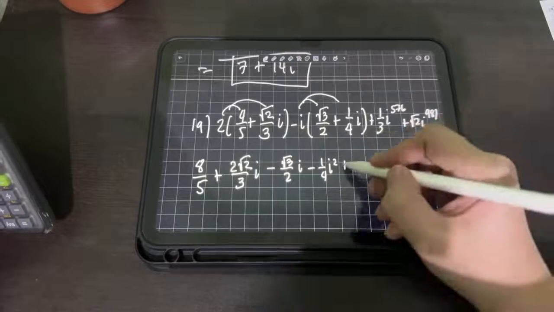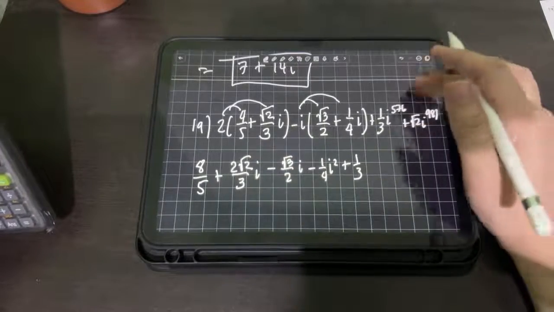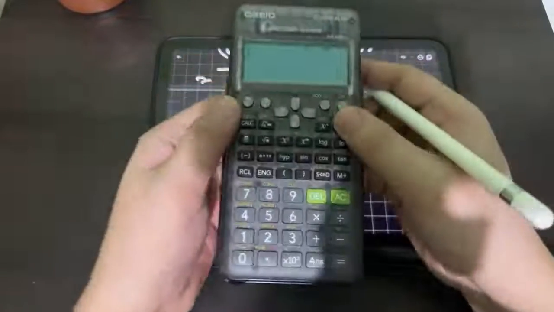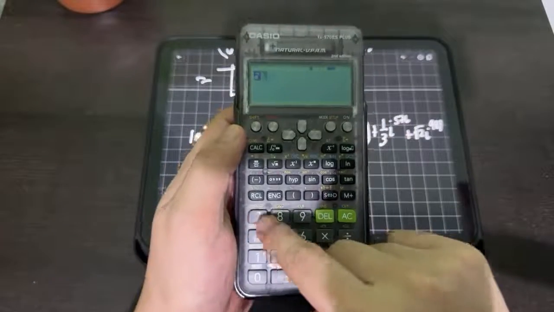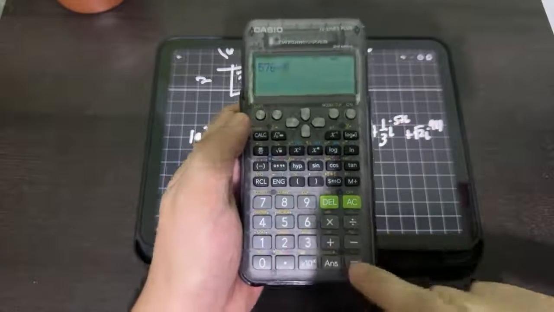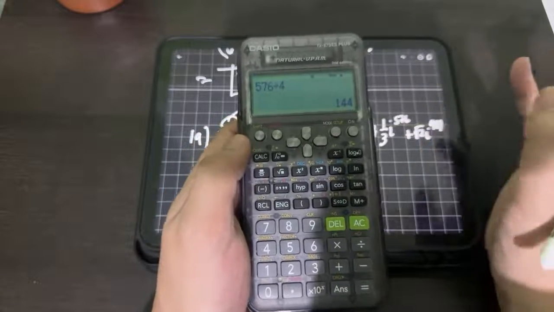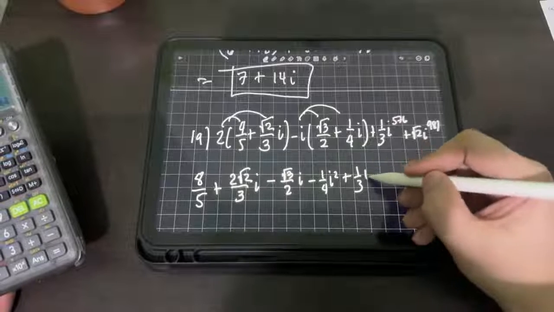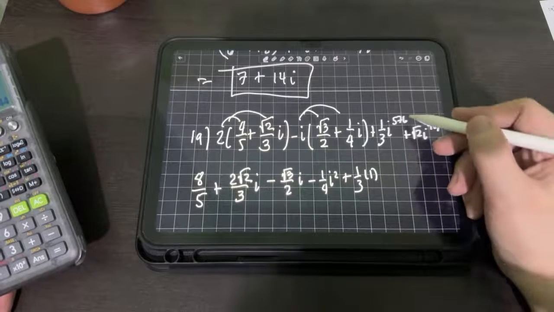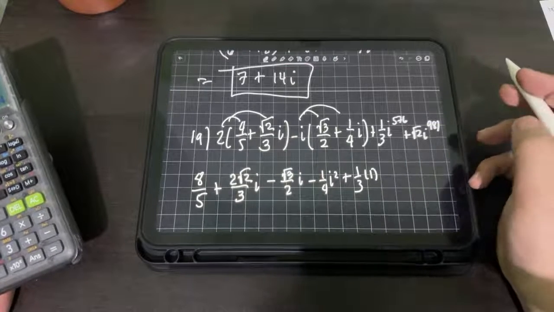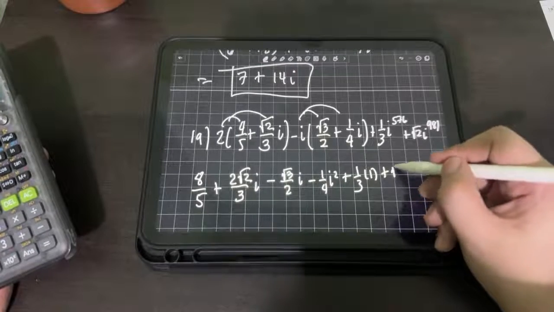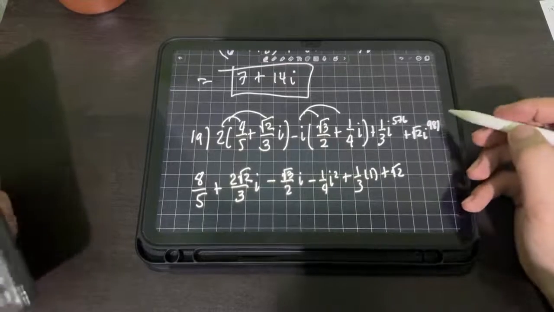Okay, here, for 1/3 i to 576, let's divide the exponent 576 by 4. Okay, it's exactly equal to 144, meaning there's no remainder or the remainder is 0. So if the remainder is 0, it means it's just equal to 1 based on the pattern above. Next, plus the square root of 2 i to the 981.